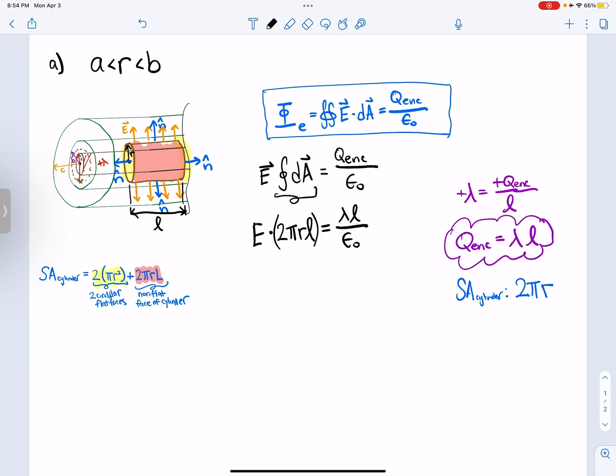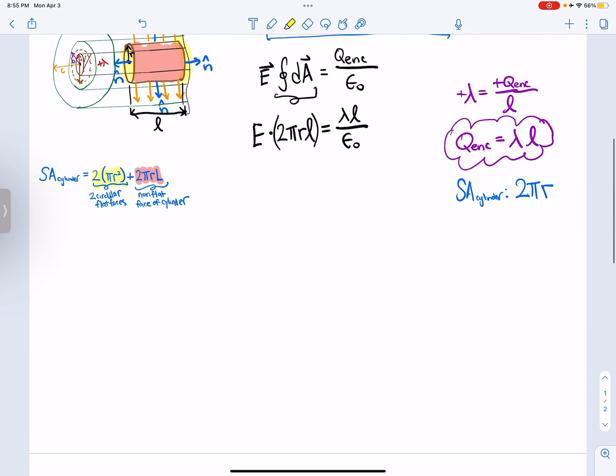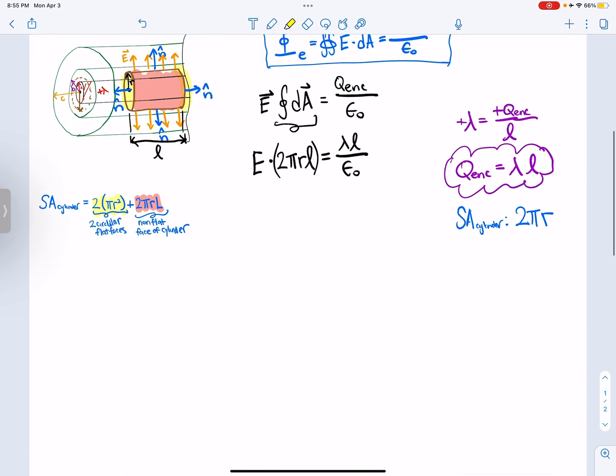And for Q enclosed, right here, I'm going to go back to where they said that my inner cylinder has a uniform positive charge per unit length L, or a uniform charge density. So that's what I've drawn here.